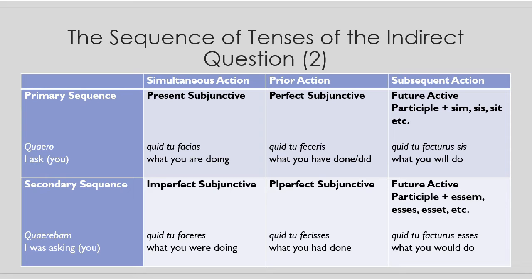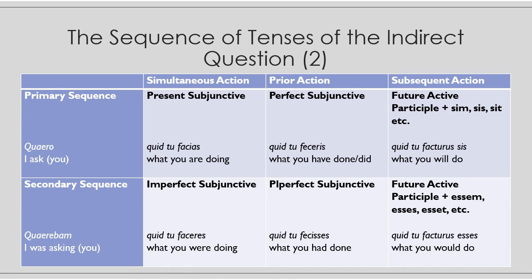For example, let's take a verb in primary sequence. In this case, I chose a normal present verb such as quaero, I ask. As for the indirect speech, you have to be careful to identify the correct relationship between the verb of the main clause and the verb of the subordinate clause.